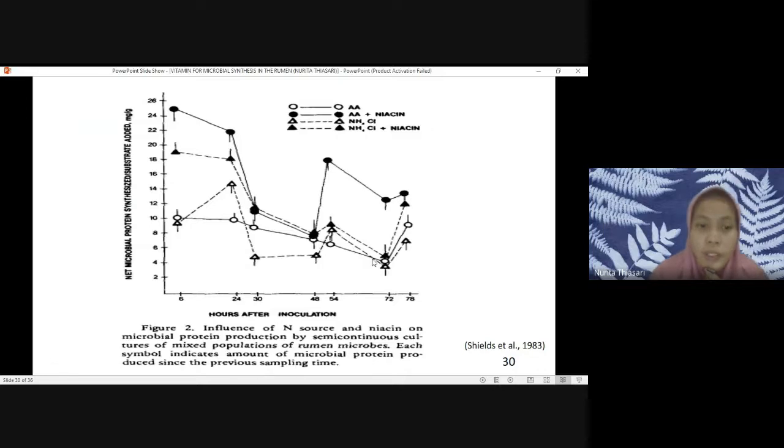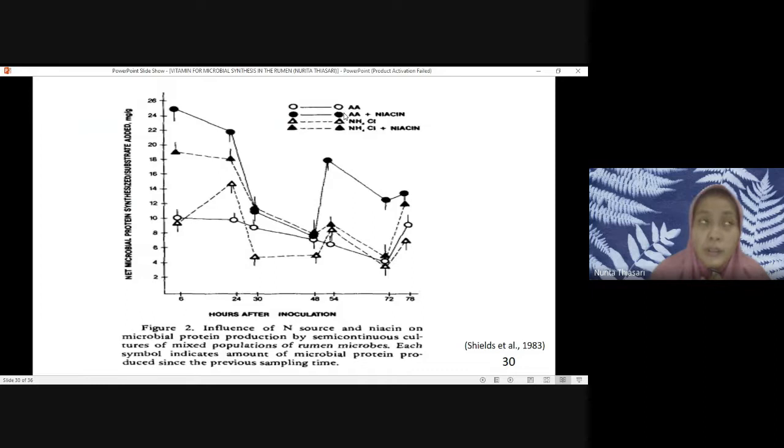And in this figure, I would like to show the different sources of nitrogen for microbial protein synthesis. So the first one is the amino acid, the circle, and the triangle is using the ammonium chloride, with and without niacin.